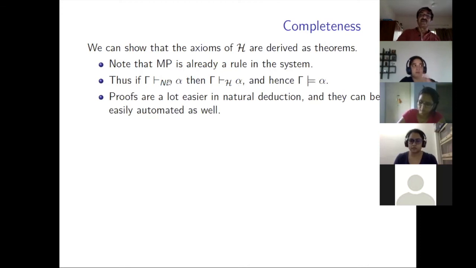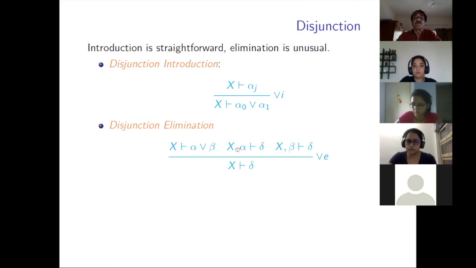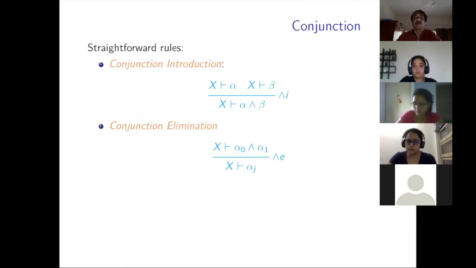And whenever there is a Hilbert, I'm sorry, the other way. This is what I meant. Whenever there is a Hilbert proof, since those axioms are derivable, there is also a natural reduction proof. And now you can use the completeness of the original system, and that's it. Proofs are a lot easier in natural reduction, and they can be easily automated as well. Now, look at this one.